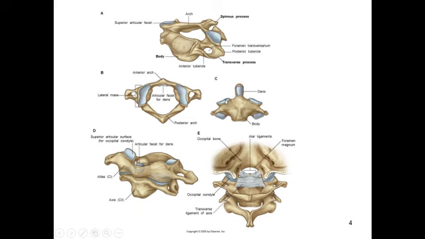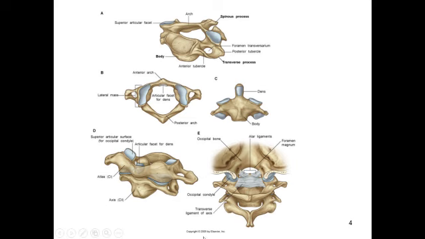You can see the superior facets on C2 are fairly horizontally oriented, and you can see that again where they're articulating together. Since there's primarily a flat horizontal orientation, the motion between C1 and C2 is primarily rotation. And the head, of course, comes along for the ride on top of C1 for that rotation.